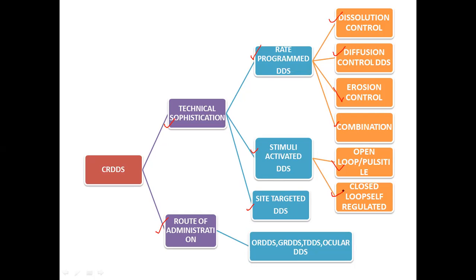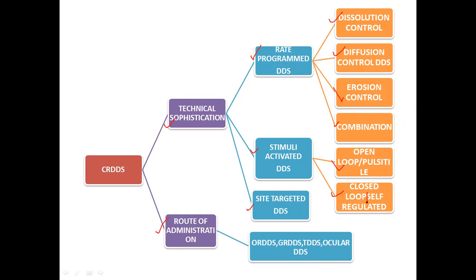Now, as I have already discussed, the stimuli activated drug delivery systems can be classified on the basis of applied stimuli into two categories: open loop system, which we also call a pulsatile system, or closed loop or self-regulated systems.